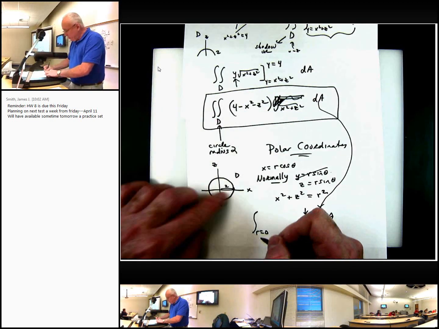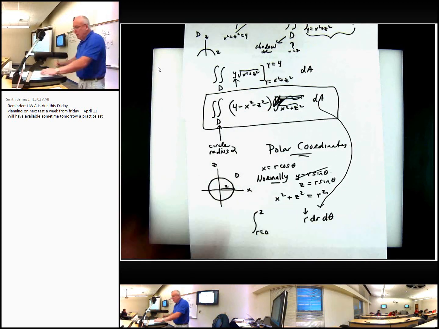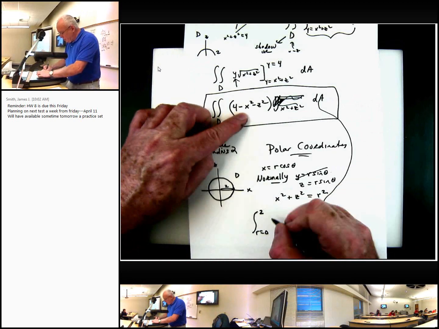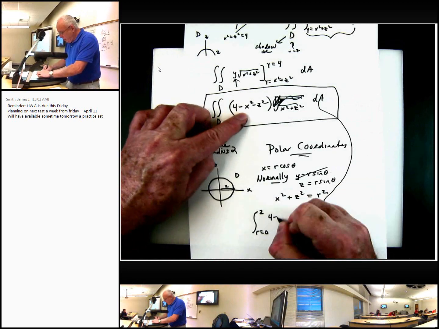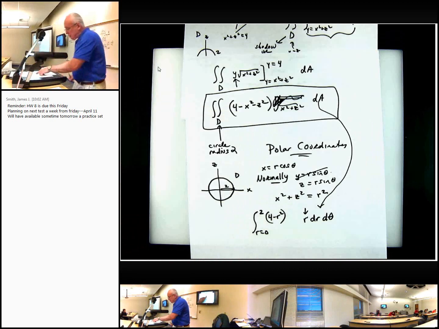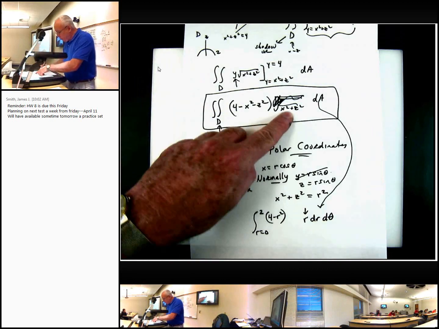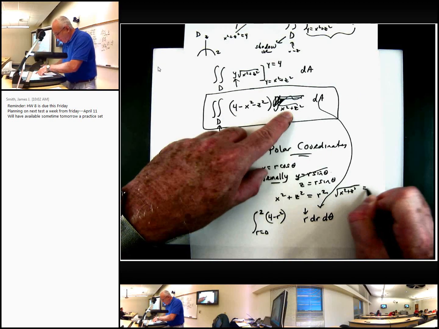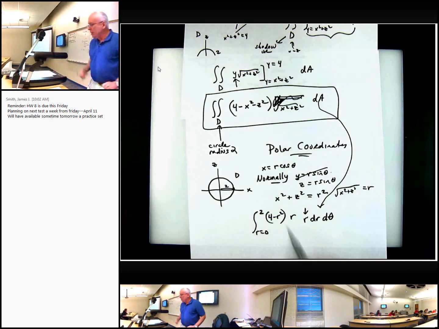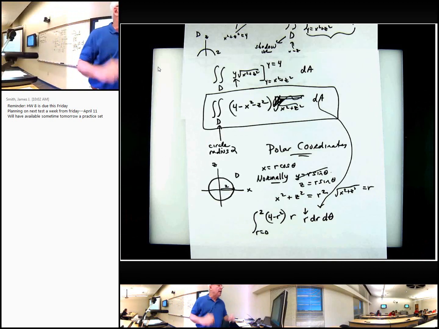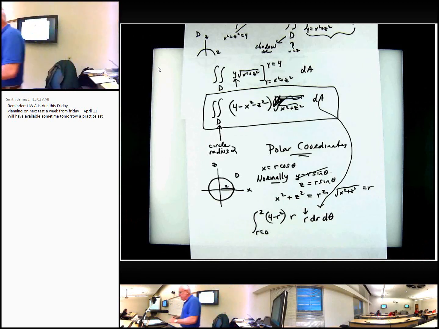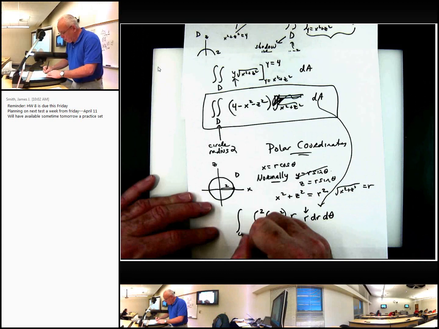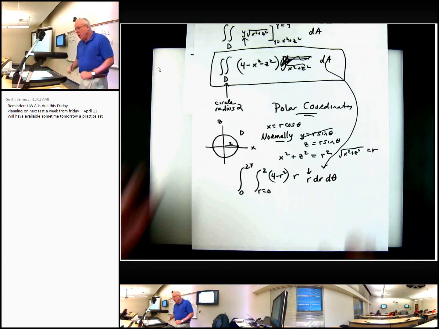Now this is a radius 2, so it's going to go to 2. And what are we integrating? We're integrating 4 minus r squared in parentheses, and then the square root of x squared plus z squared is just r. So we have 4 minus r squared times r dr d theta. And then we also have to look at the theta. The theta goes from 0 to 2 pi. Okay. All right.